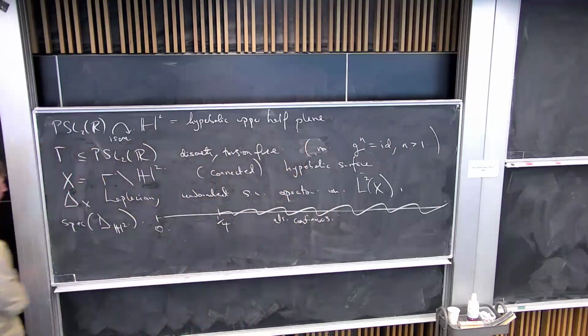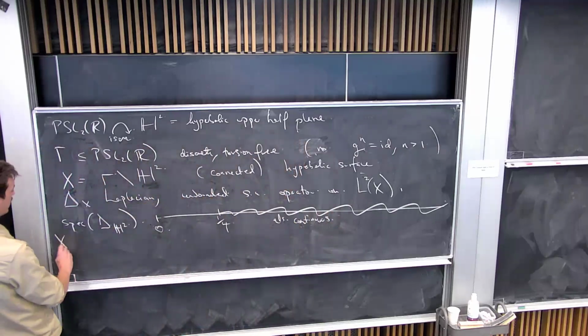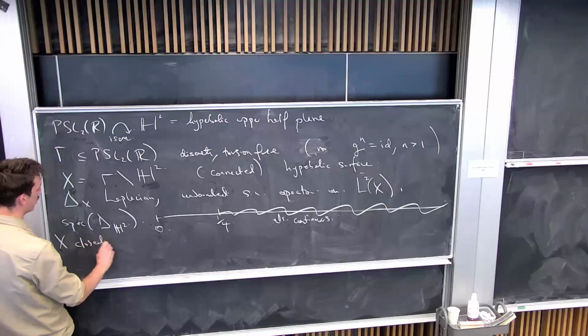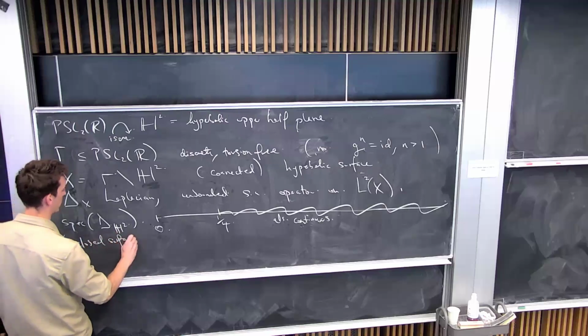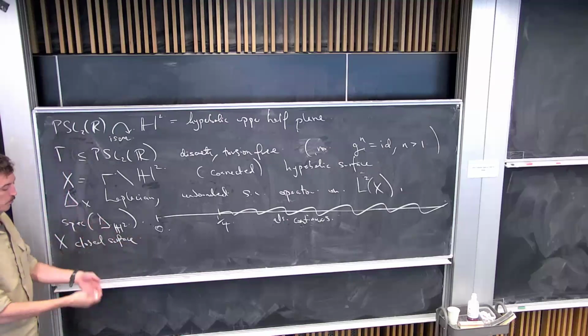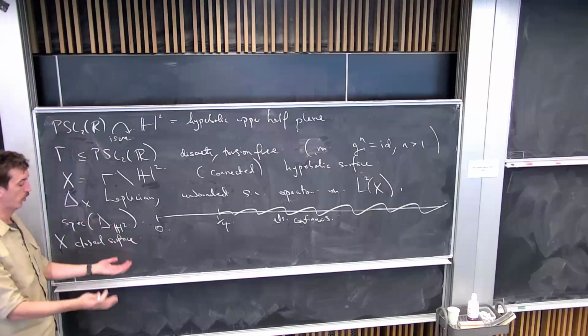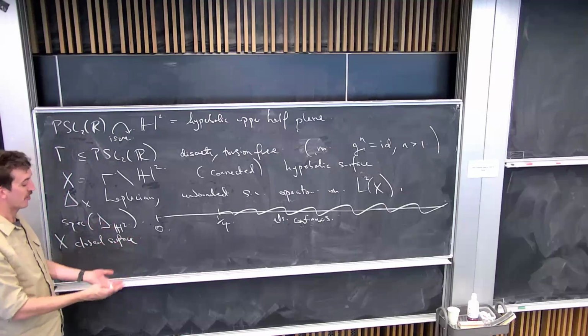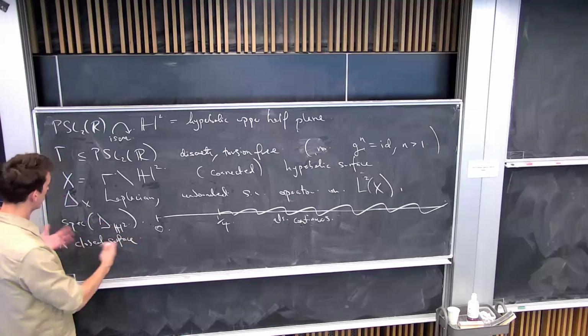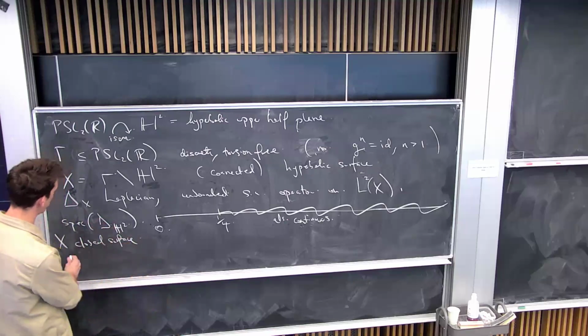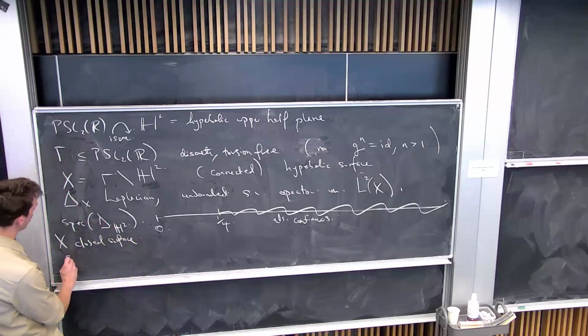Okay, what's the next best case? Well, the next case is whenever X is a closed surface. So it's closed up, a genus at least 2 surface, the surface of a donut with at least 2 holes. Then what does the spectrum look like?